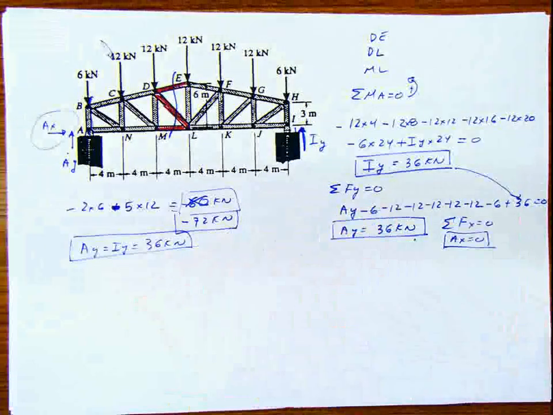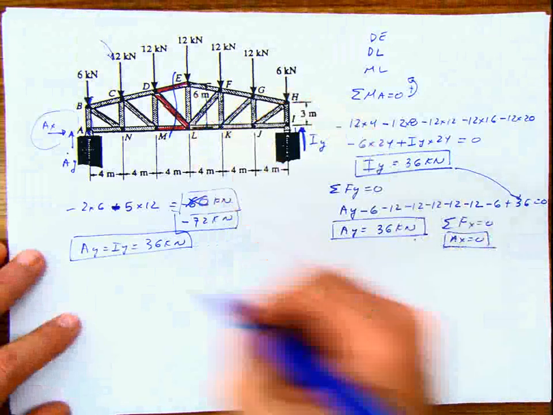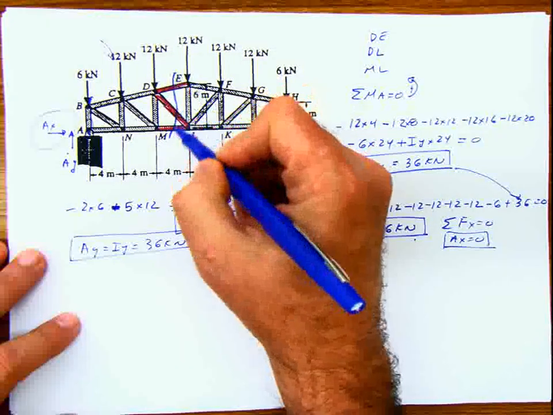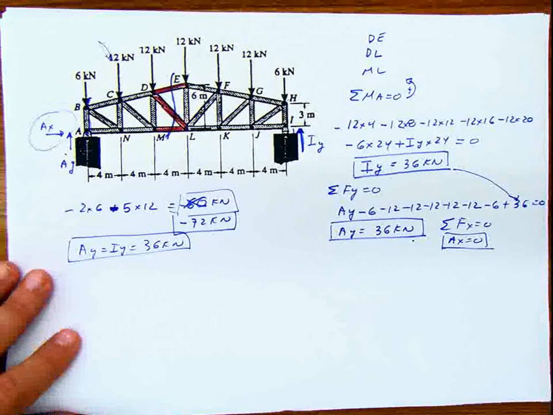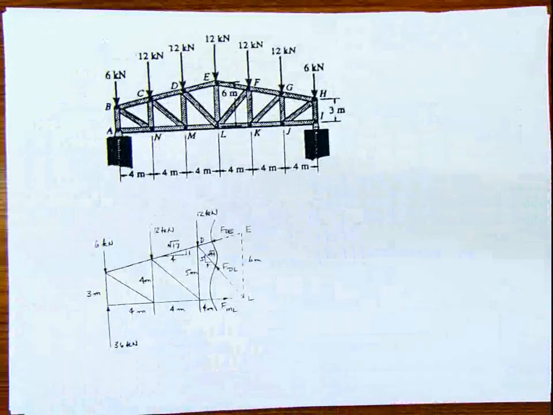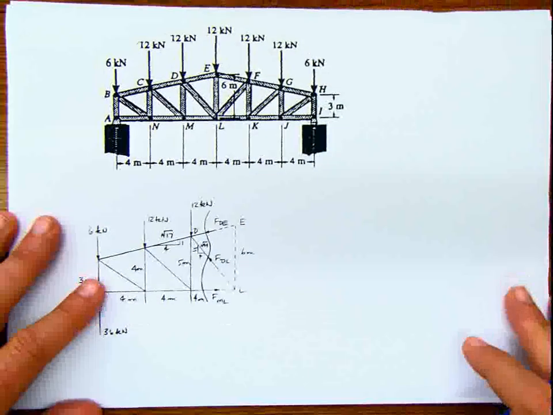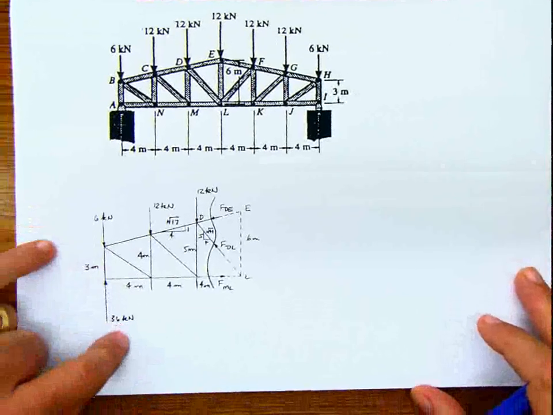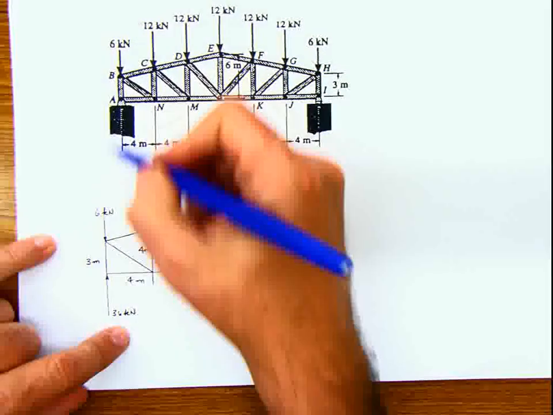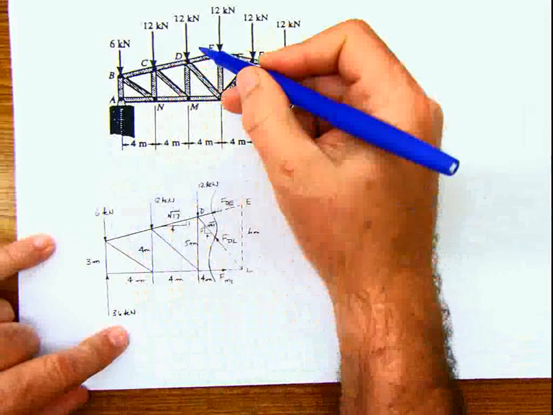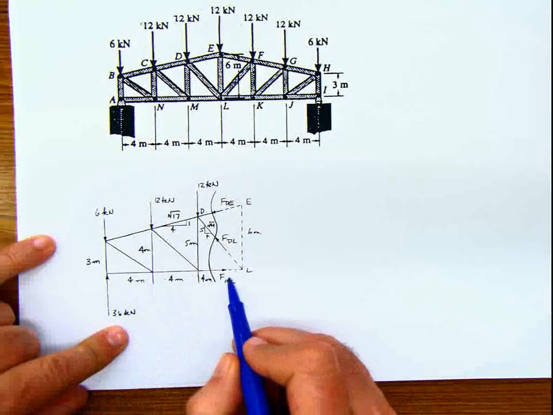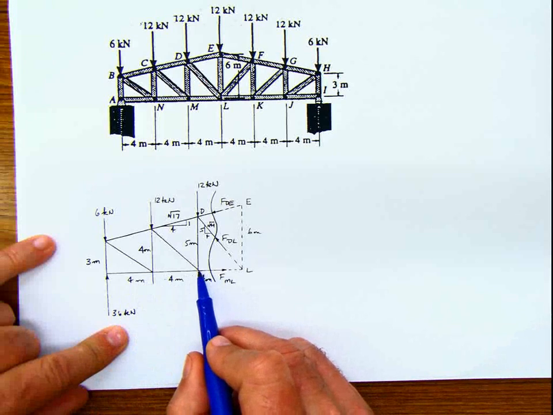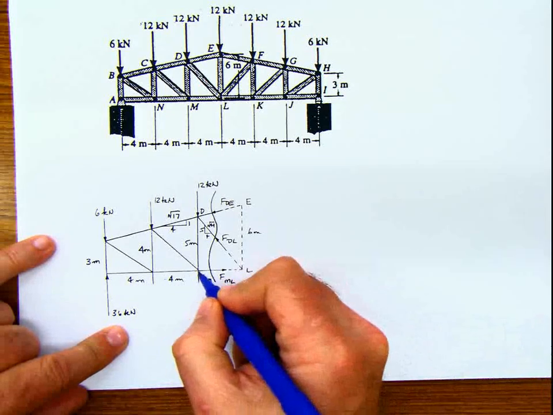Okay, we calculated the reactions, and we're going to make a section here. When we do that, we are going to have basically this. I made a section here. This is this force 6, this is 12, this is 12, distance of 4, 4, and this is my joint L at this point.